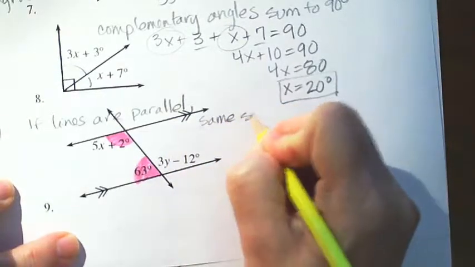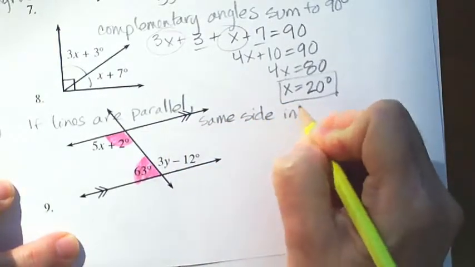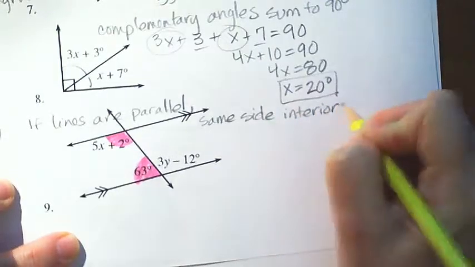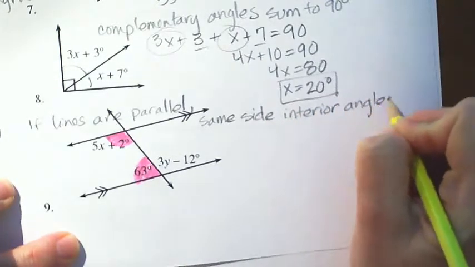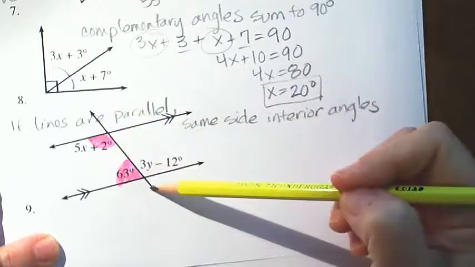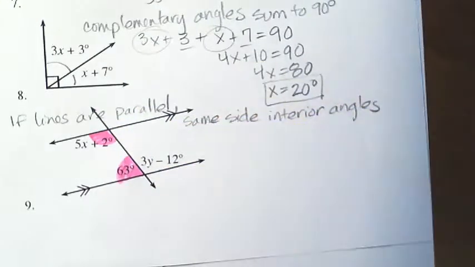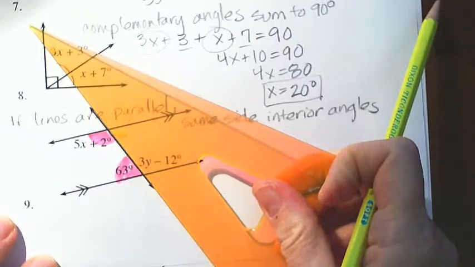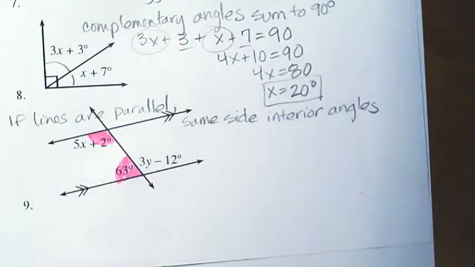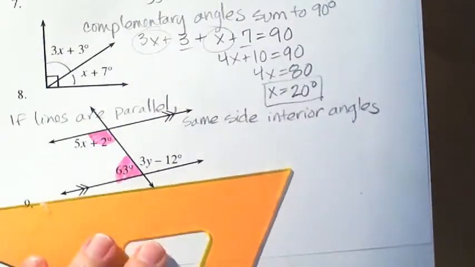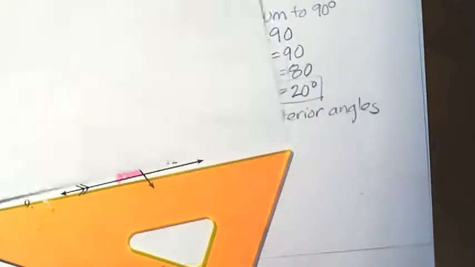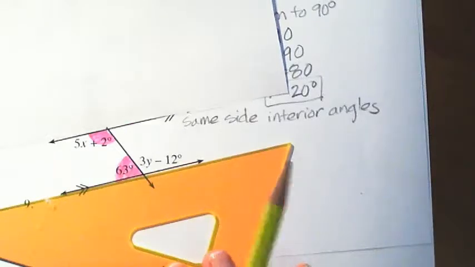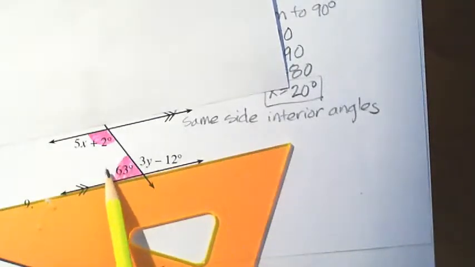Same side interior angles, because they're on the same side of this transversal, and they are in between these two lines. So interior angles are in between the two lines, and they're on the same side of the transversal.